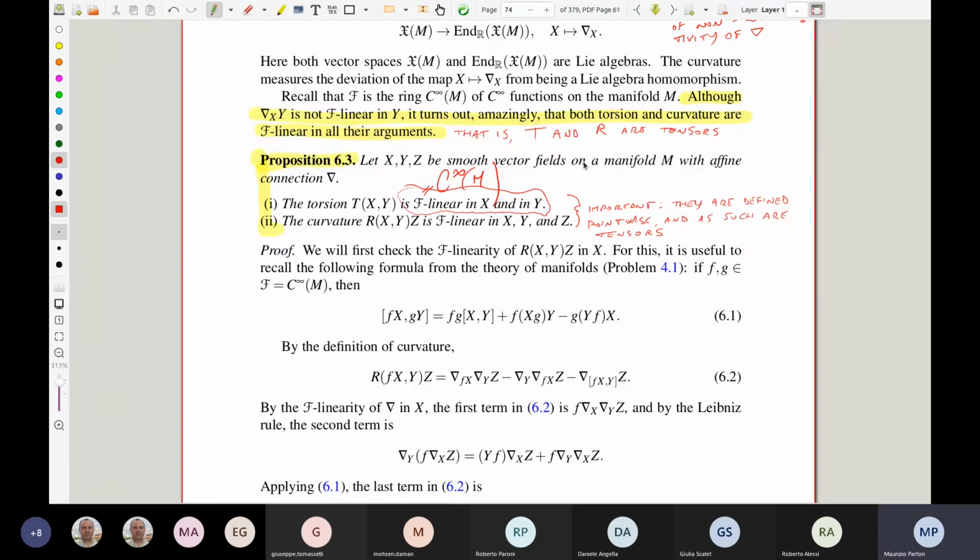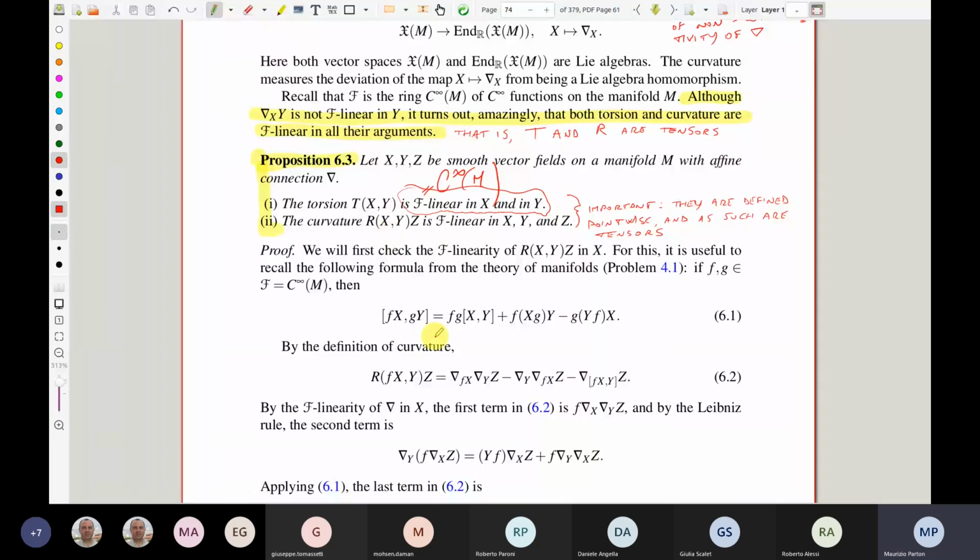And you see that both the torsion and the curvature are F-linear, the torsion in all its arguments and the curvature in the first 3 arguments. This means, in general language, you should memorize that to be F-linear is equivalent to the fact that you can put here a point.